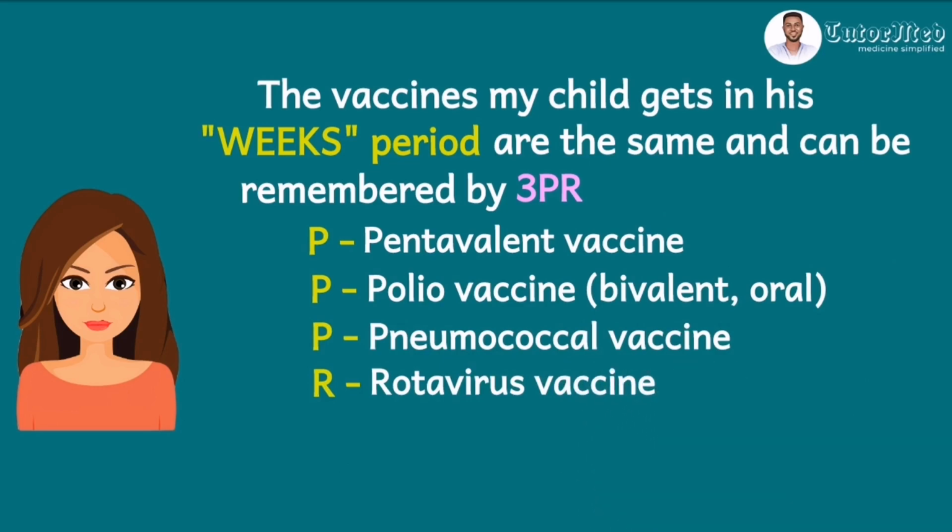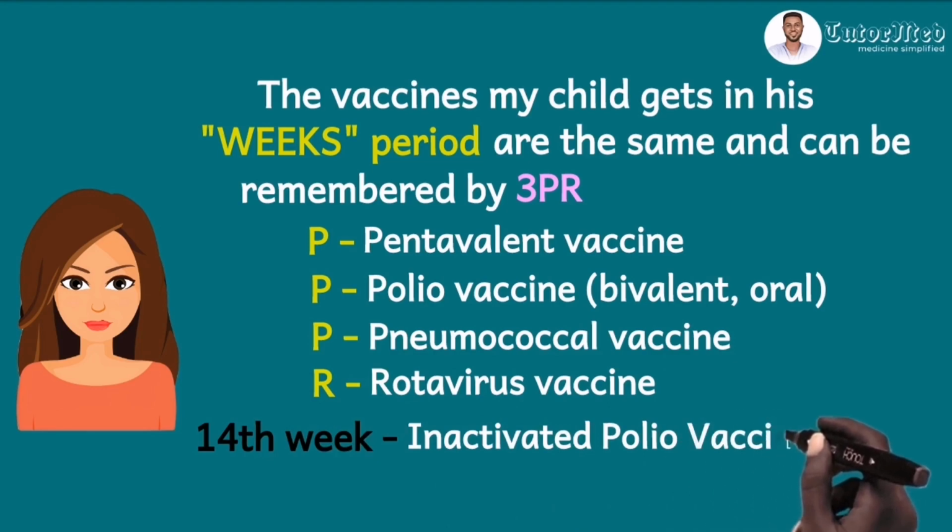And then the last, or the R, stands for rotavirus vaccine. What she means is that from 6 weeks and 10 weeks and 14 weeks, the vaccines given are the same. Only that in the last week, which is week 14, inactivated polio vaccine is given in addition to the oral polio vaccine. So that is the only difference. So let's take a look at the pentavalent vaccine, the 5-in-1 vaccine. It contains DPT2H.